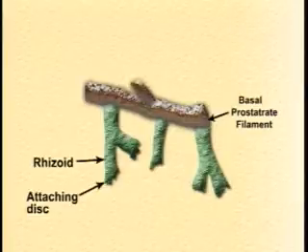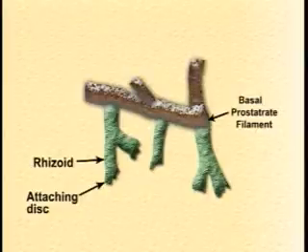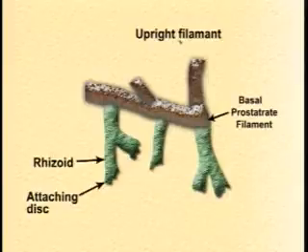Now, upright or vertical filaments. These arise from the prostrate filaments and are laterally or dichotomously branched. The upright system consists of main axis and the branches of unlimited and limited growth.